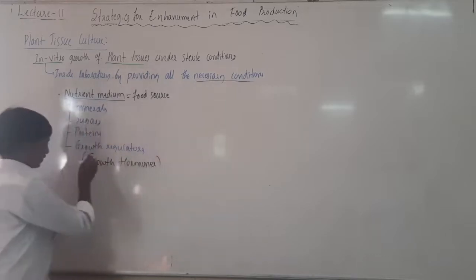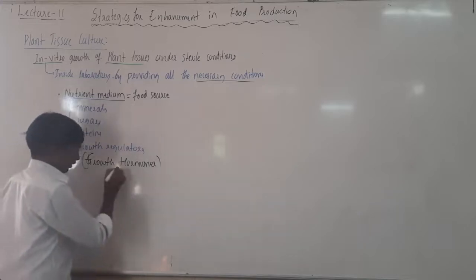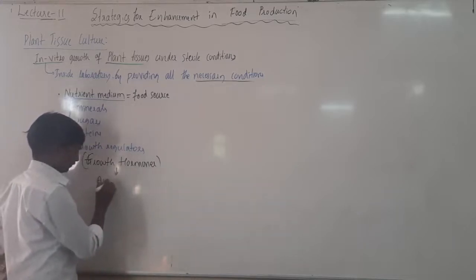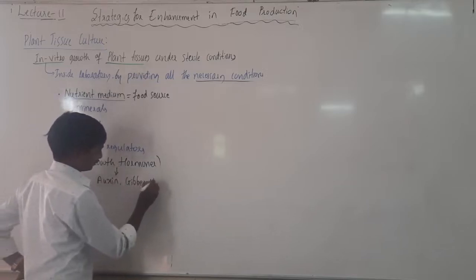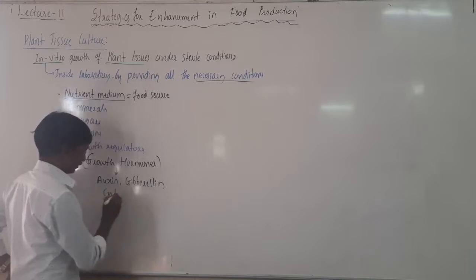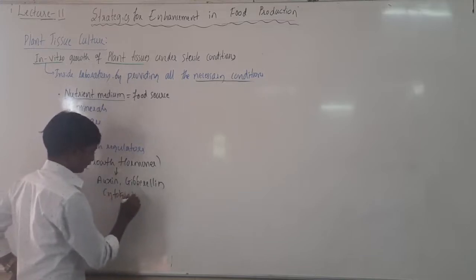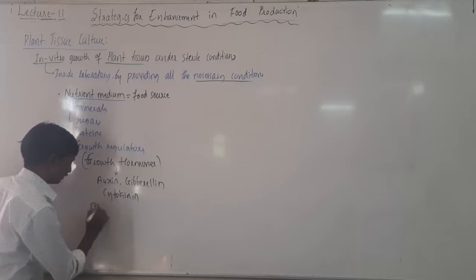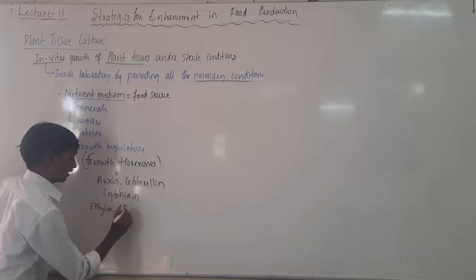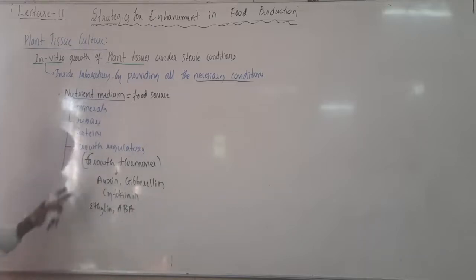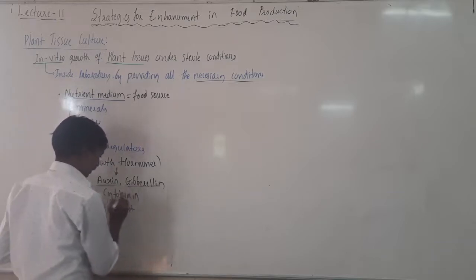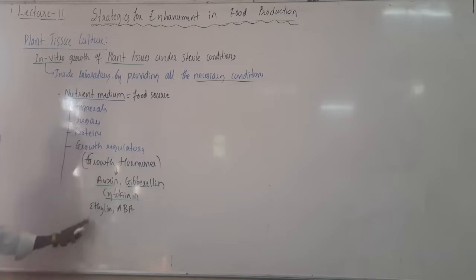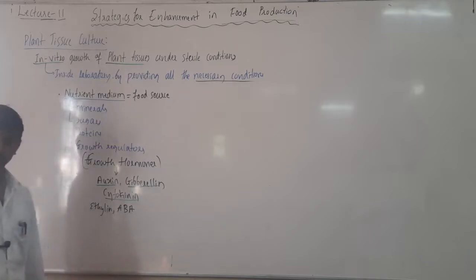Growth hormones such as auxin, gibberellin, cytokinin, ethylene, and abscisic acid. Okay, but here in plant tissue culture we mainly use auxin, gibberellin, and cytokinin. All these three. The others are less commonly used in plant tissue culture.